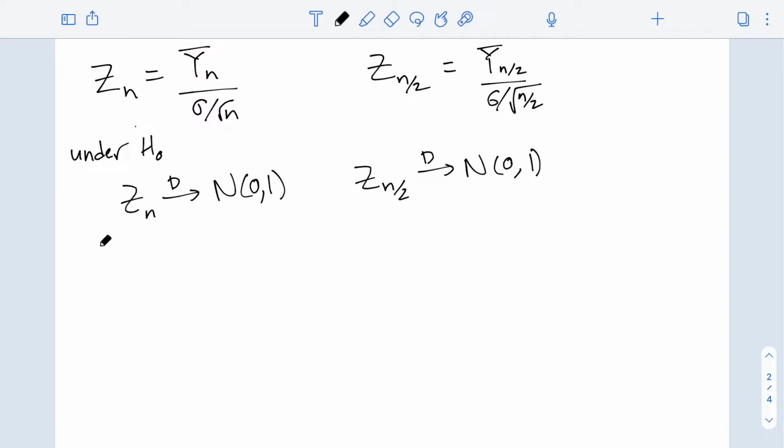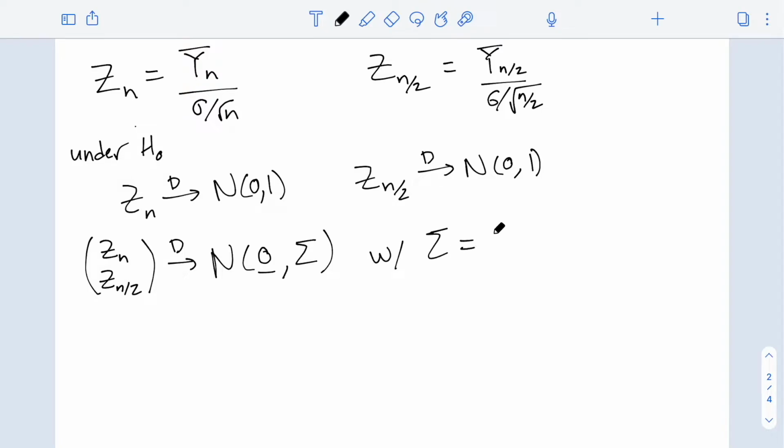So now we're interested in the distribution of Zn and Zn over 2 as a vector. And we actually have, under that null hypothesis, that this converges jointly in distribution to a normal still with mean 0, and now with the covariance matrix sigma, where here we know that the diagonal entries of sigma are each 1, and we're not sure yet what the off-diagonal entries are, what the covariance between these two statistics is.